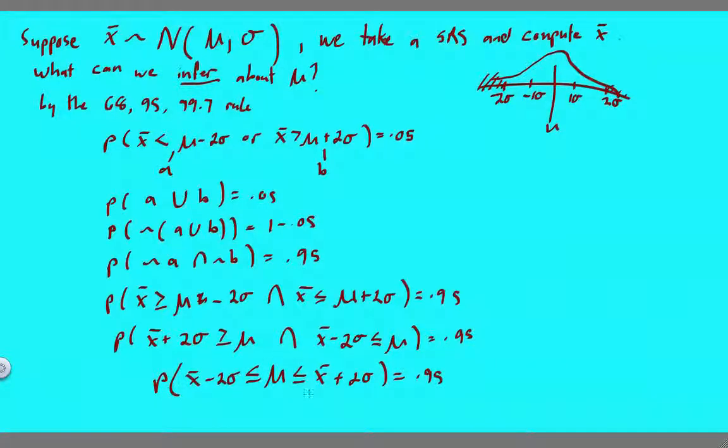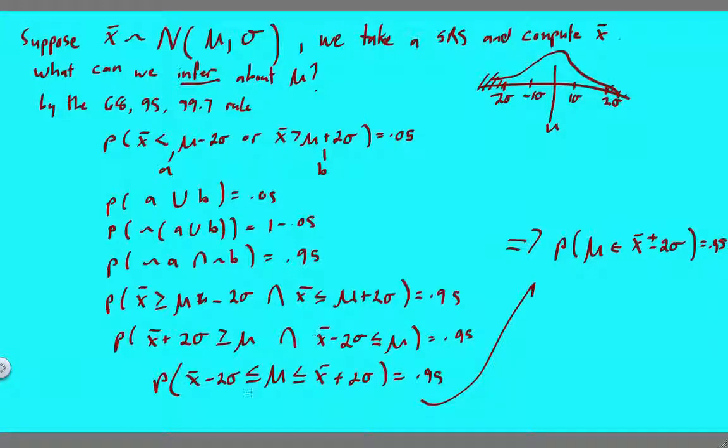And we're basically done here. What this implies is that the probability that mu is in this interval is equal to 0.95.